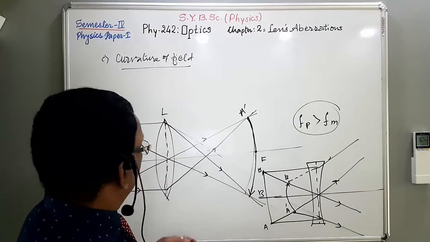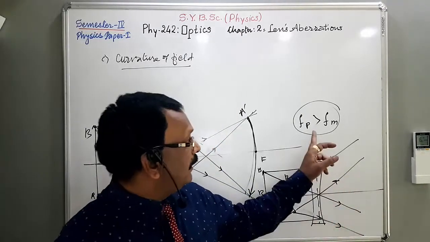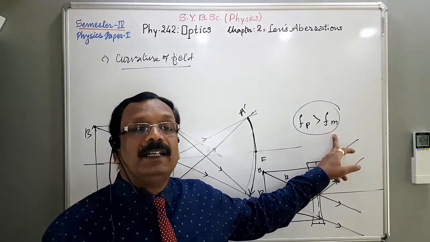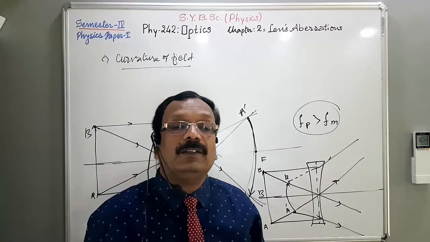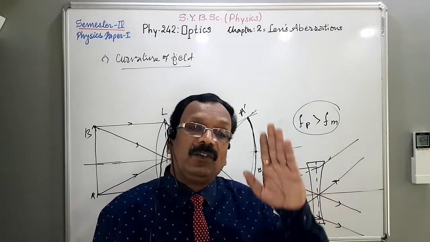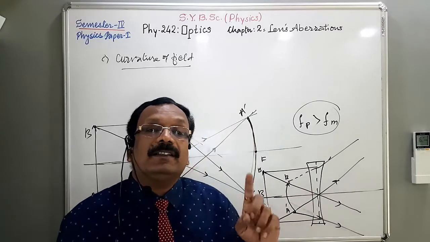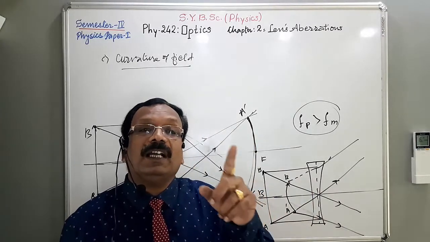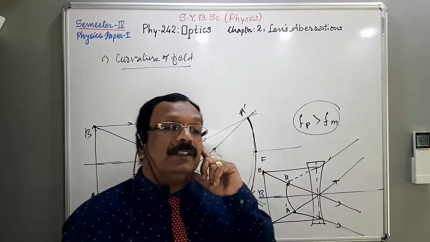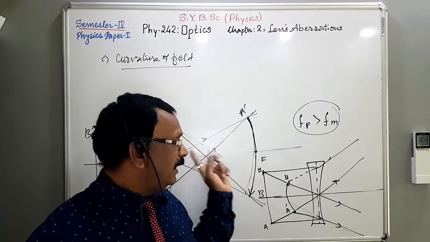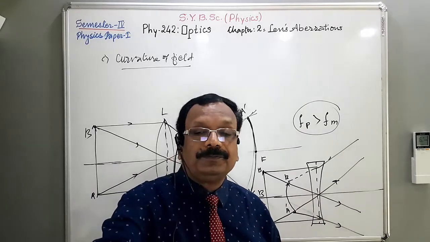So this defect arises because the focal length of paraxial rays is greater than that of marginal rays, and that is why instead of a flat image, the image shows curvature. So curvature of the field in the image formed by the convex lens and concave lens is easy to understand.